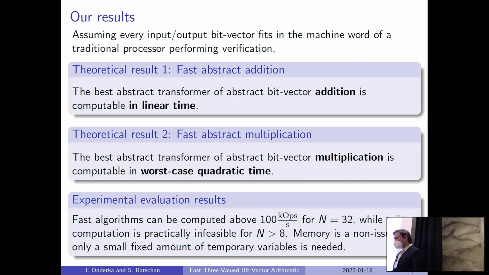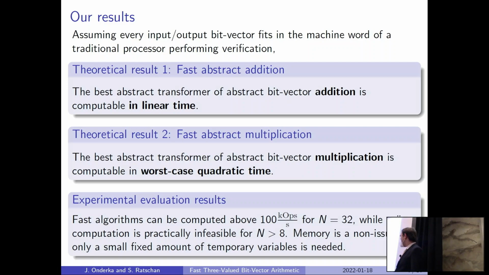So if this holds, the best abstract transformer of addition is computable in linear time, and of multiplication in worst case quadratic time. And we actually have found the algorithms that can do this and have implemented them.